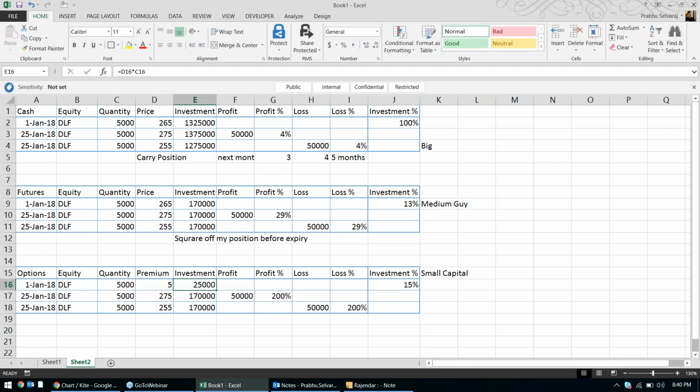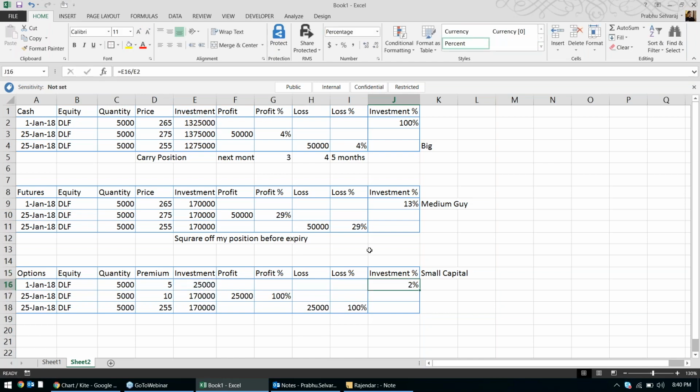If they are able to predict the market at the right time, this 5 will become 25, and he makes a profit of 50,000. Maybe 10 rupees, 25,000 profit he makes, 100% returns on his investment, and the same 100% loss on his investment.